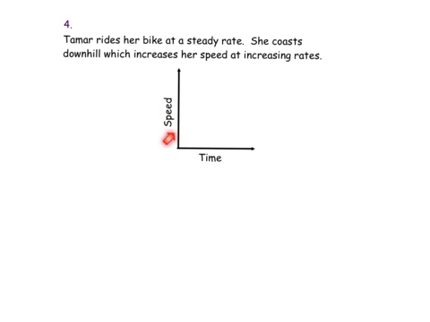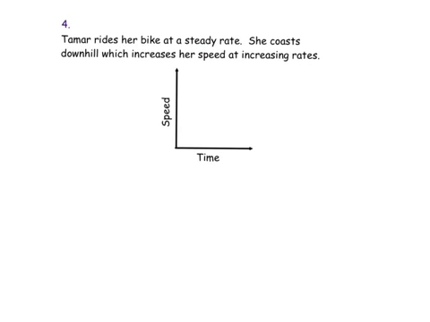Okay, so if we're talking speed, it says she's riding her bike at a constant rate. That means that her speed is not changing. She's going at a constant rate, so the speed is not changing. So let's say she's going 10 miles per hour. And then she starts going downhill.